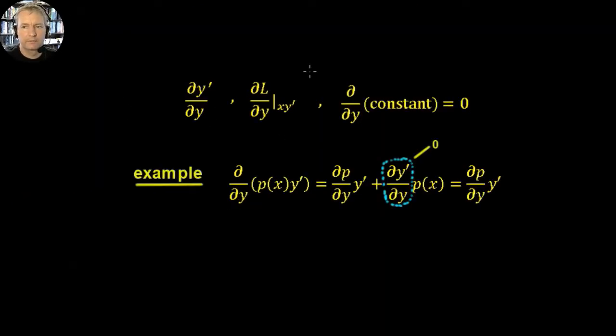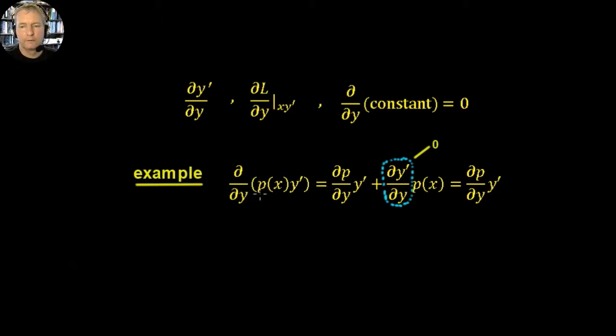So I've already mentioned this one here on the previous page. If we looked at partial y derivative with respect to partial y, that's going to equal 0. And we can say it equals 0 because if we looked at partial by partial y, we know that x and y derivative act as constants, so this y derivative is a constant. So that's the partial by partial y of a constant, which equals 0. So let's say we had this example here, partial by partial y of some function p of x times y derivative.